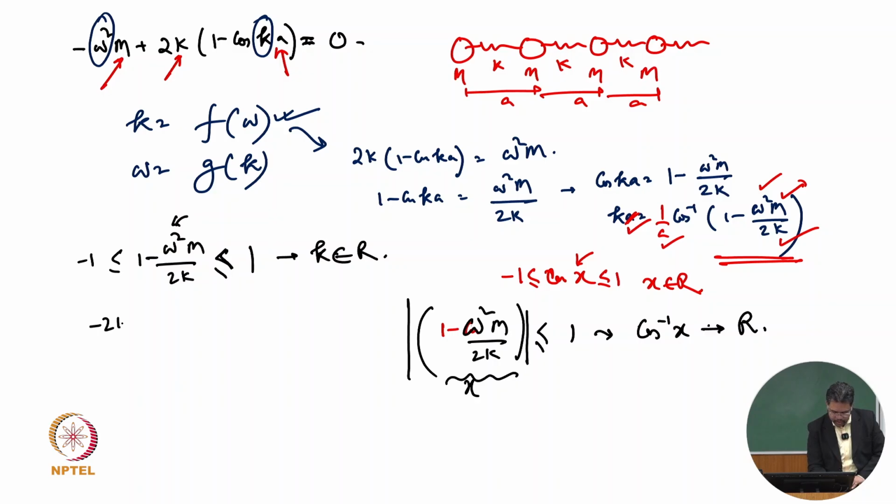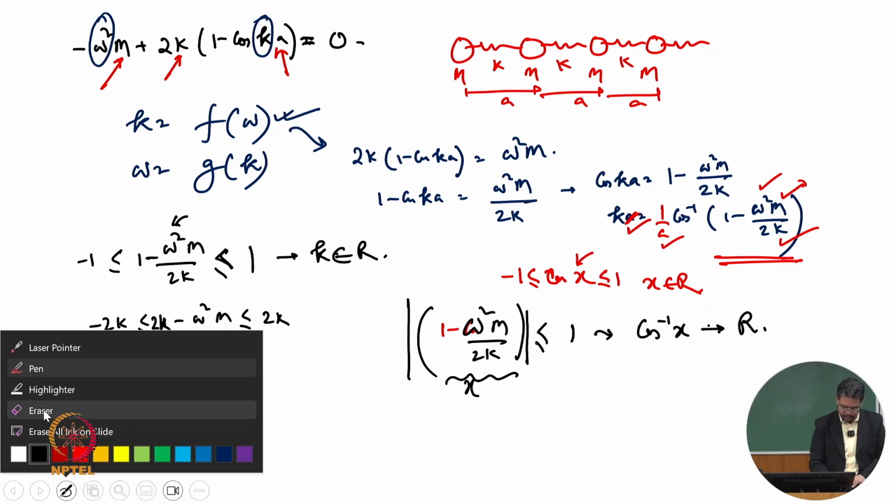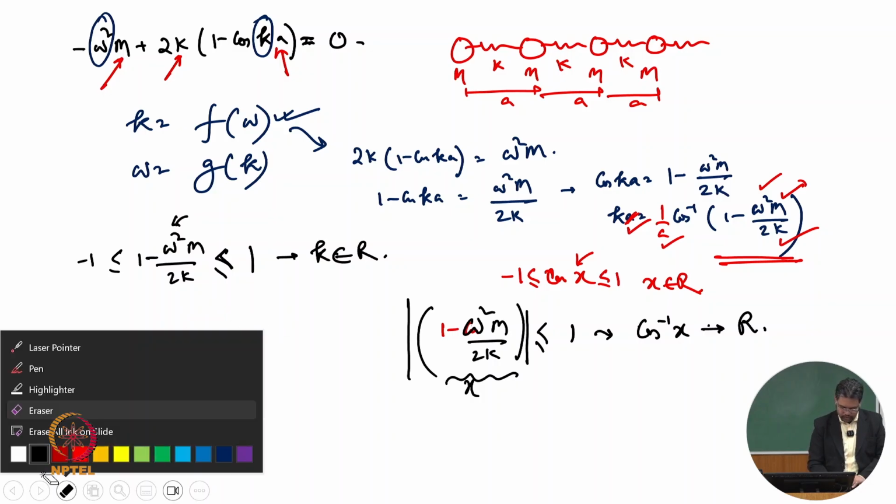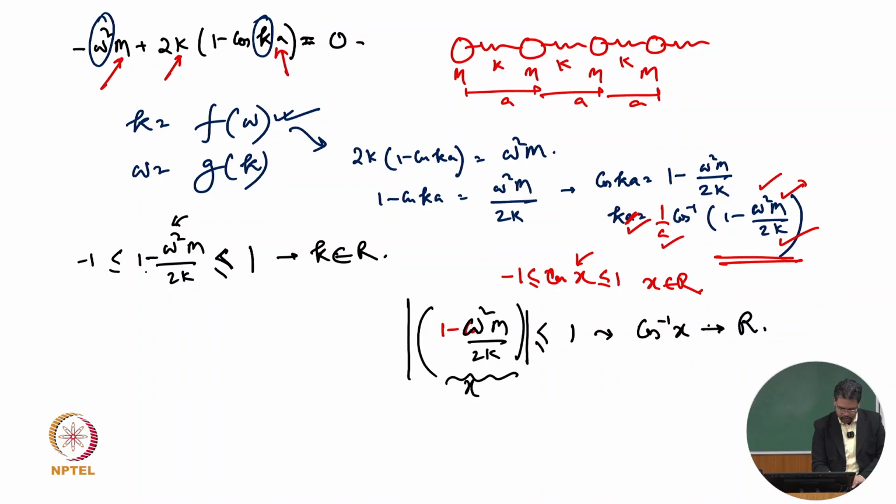So if I just subtract 1 from both sides, I will get minus 2 minus omega square m by 2k should be less than or equal to 0.